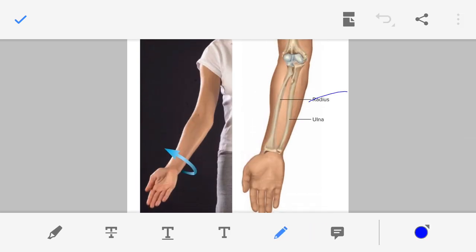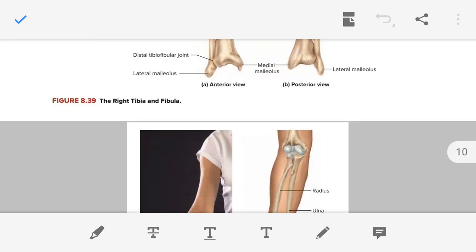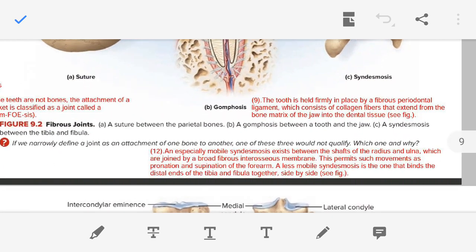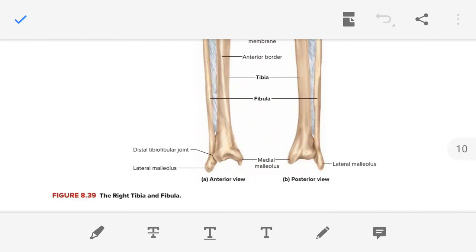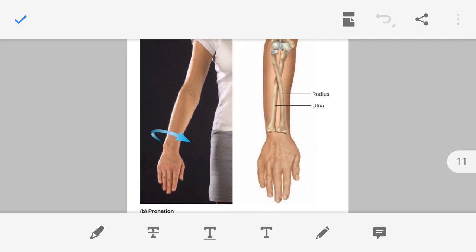And we know between the radius and ulna there is the interosseous membrane, and the interosseous membrane is the example of a syndesmosis joint. Then one more type of movement, this movement.